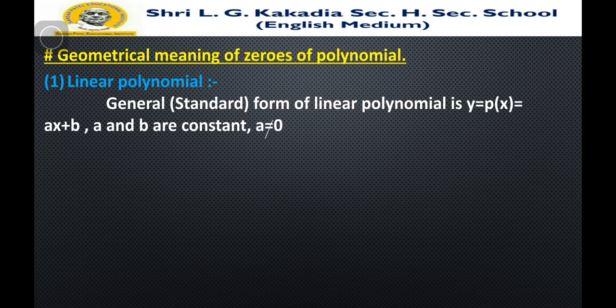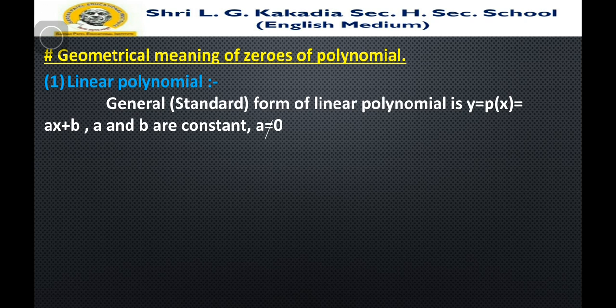You know what a linear polynomial is. In the previous standard you have studied that if a polynomial is of degree 1, or the highest power of the variable is 1, then the given polynomial is a linear polynomial.